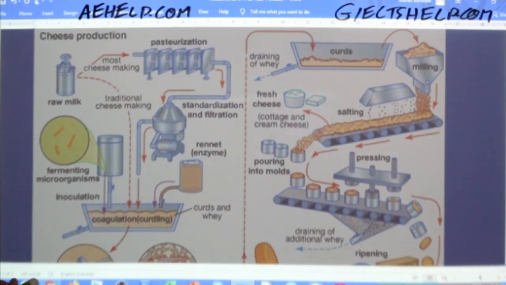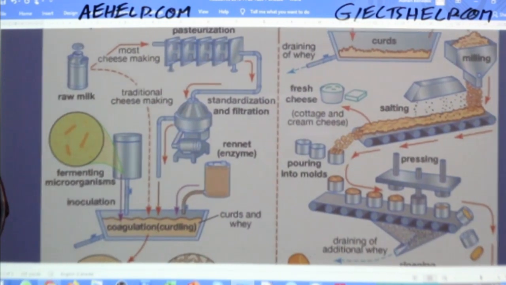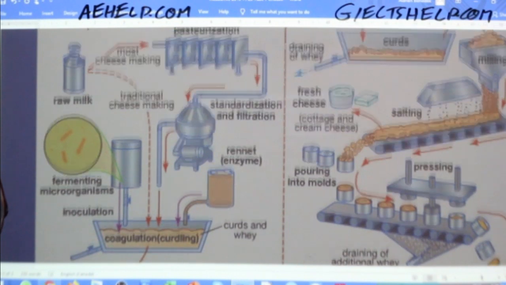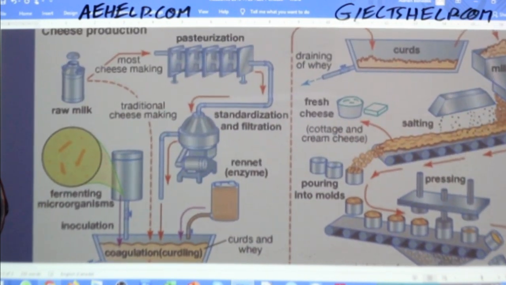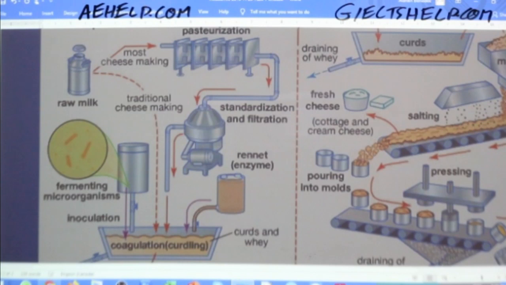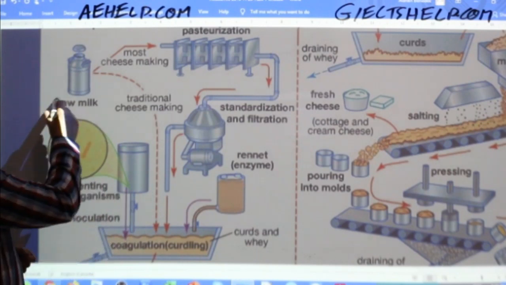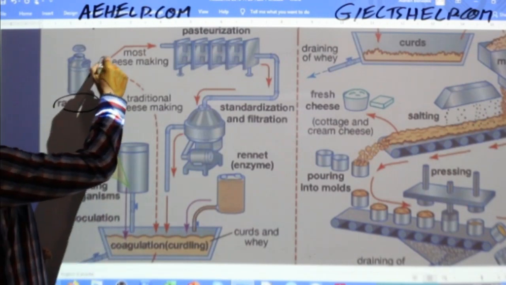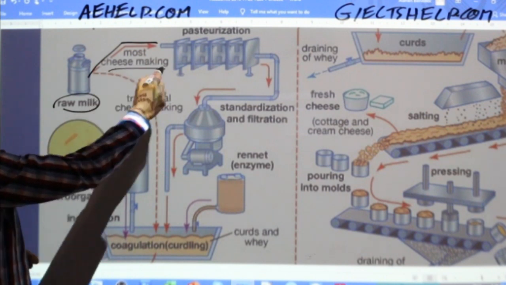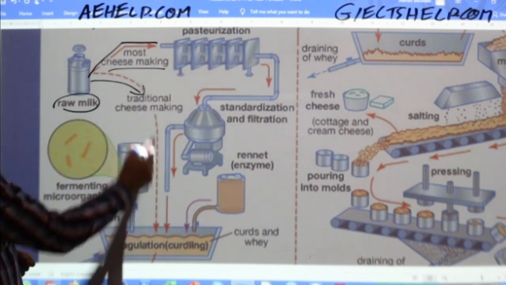Here we start with this part. Okay, so here we have raw milk, and here we have most cheese making, and then here we have traditional cheese making.